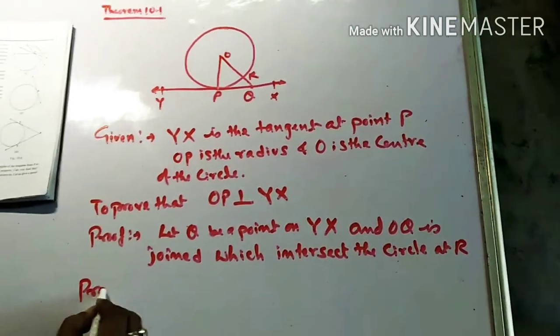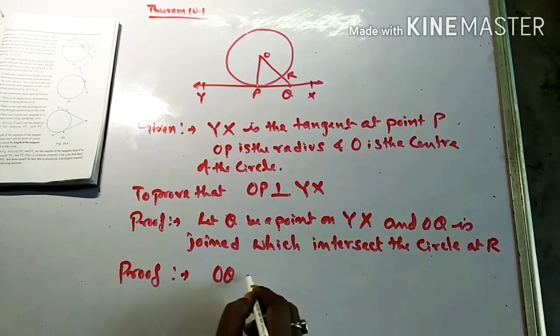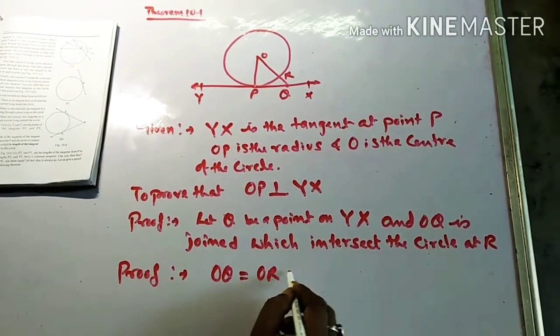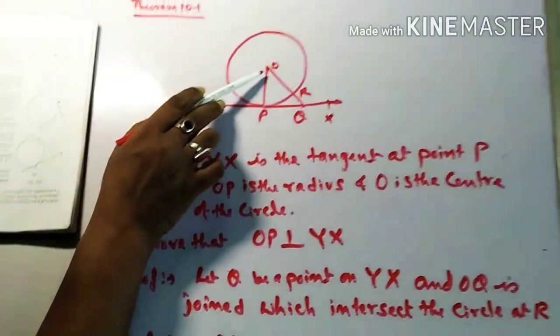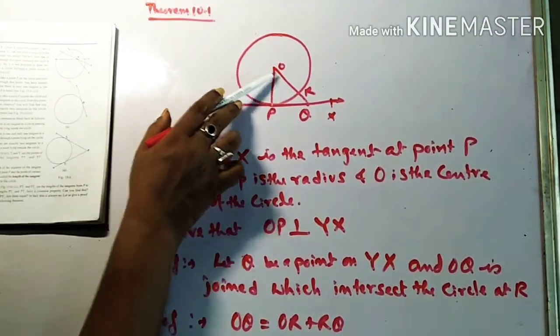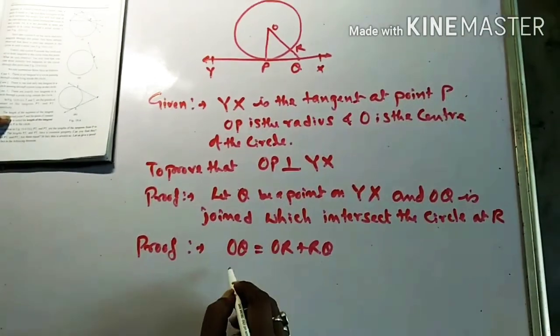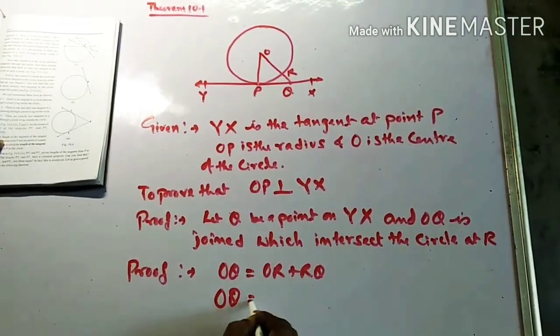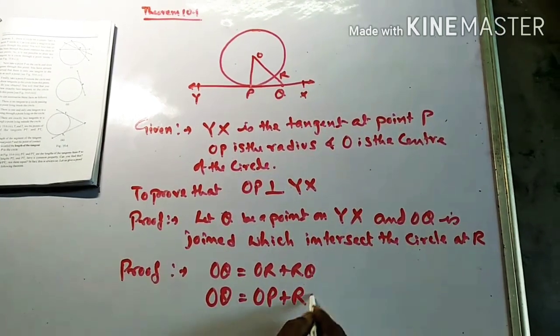Now proof. See, OQ is equal to OR plus RQ, which I get from the figure. Now I can write OQ is equal to, instead of OR, we can write OP plus RQ.